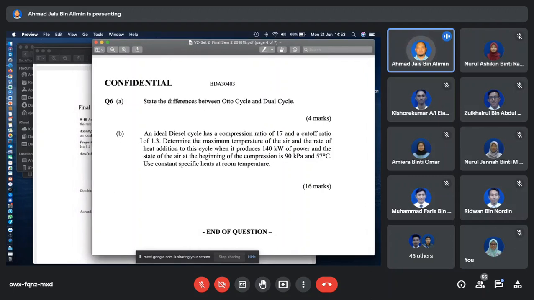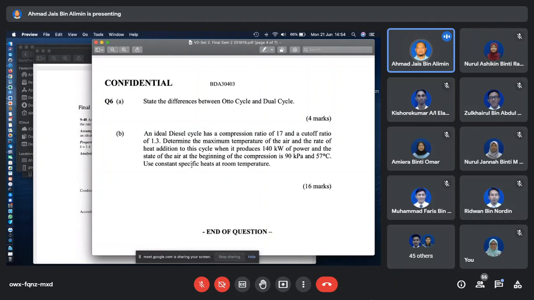And then the second part of the question is based on a diesel cycle problem. It has the compression ratio, the cutoff ratio, and then the question gives the amount of power the cycle produces, the conditions before the compression is happening, and the temperature.